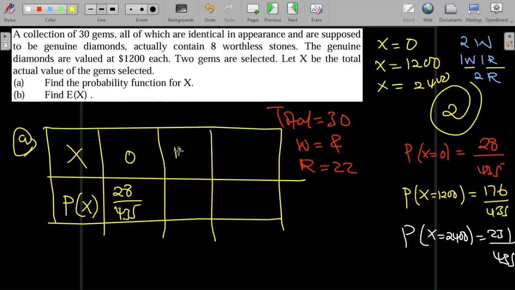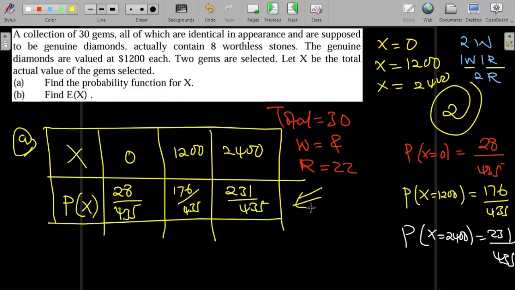If x is 1200, then the probability was 176 divided by 435. And if x is 2400, the probability is simply 231 over 435. So this here is our probability function for x. It will be in the form of a table.